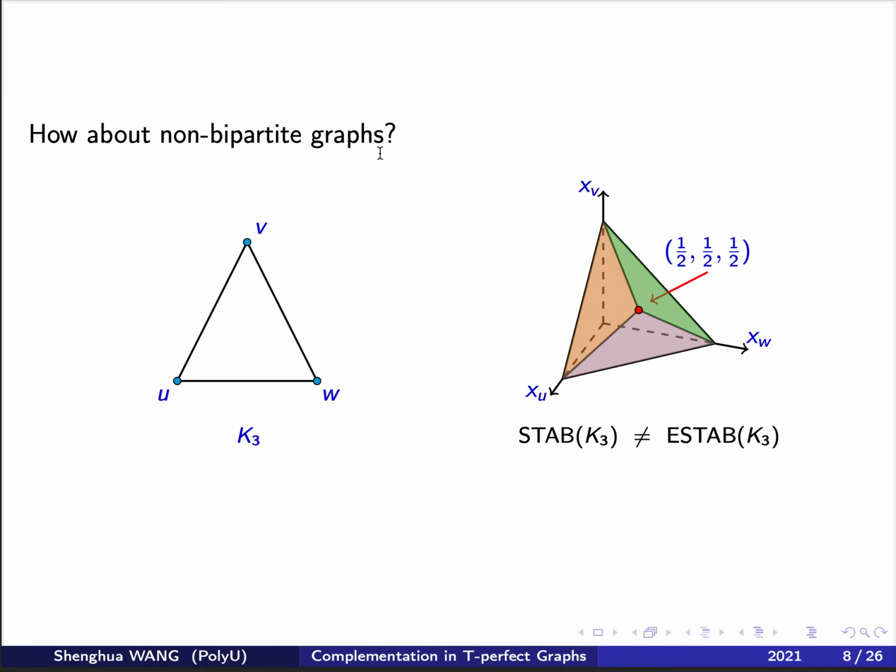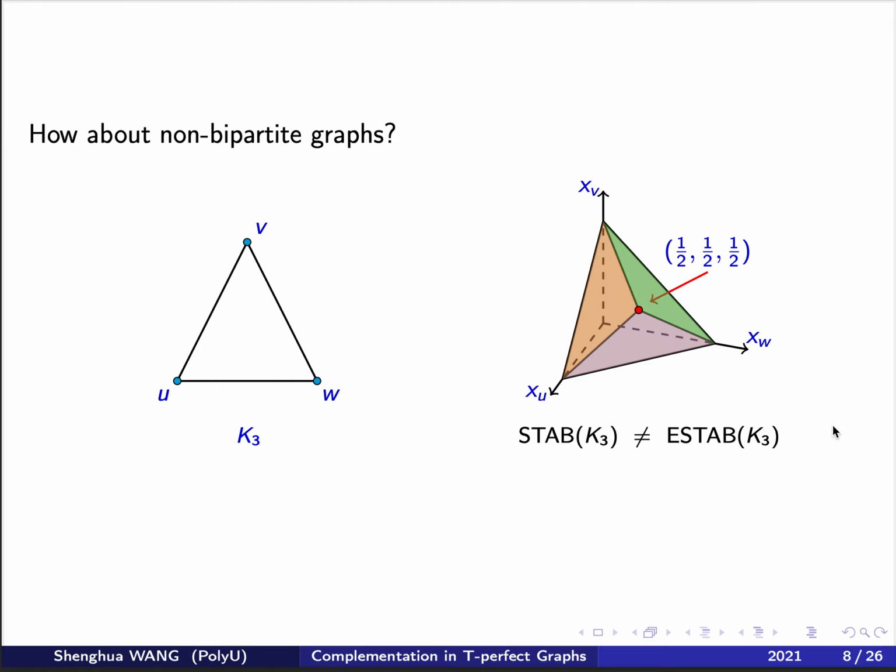Now, how about non-bipartite graphs? This is an example. That is K3, the complete graph with 3 vertices. If we consider this vector, with every coordinate being one half, we can check that it satisfies all the constraints of the edge stable set polytope.